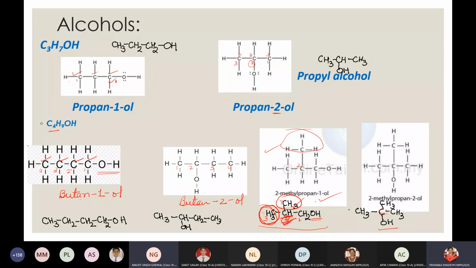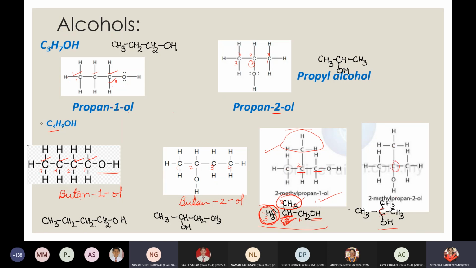Children, it is very, very essential whenever we talk about any functional group, we have to specify which carbon atom it is present on. So here, because it changes from the terminal position to the middle position, the name will simply change to 2-methyl propane-2-ol. Because it is not on the first carbon atom, it is on the second carbon atom now, as you can see here.